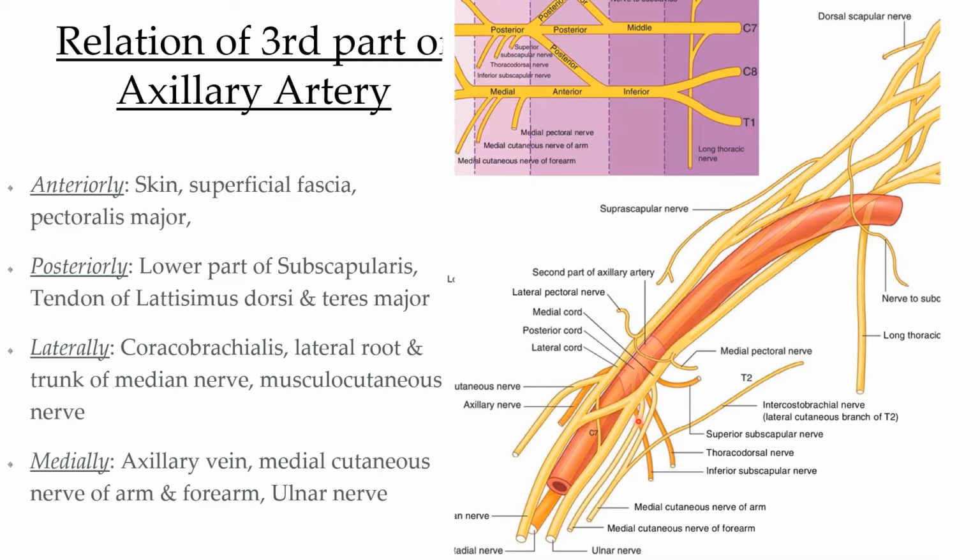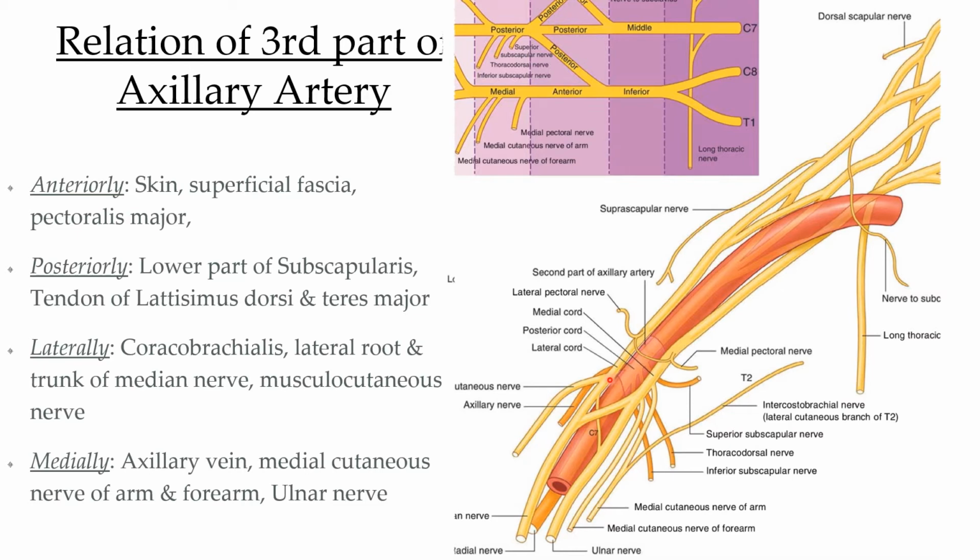This is medial cutaneous nerve of forearm. This is medial cutaneous nerve of arm. These three nerves are related medially with the third part of axillary artery. These are the branches of lateral cord of brachial plexus. This is musculocutaneous nerve.